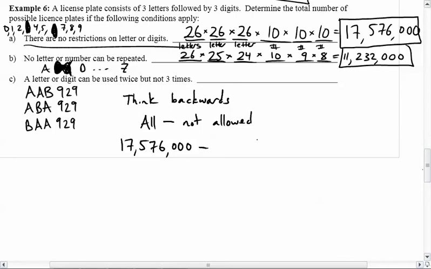So I'm not allowed to have 3 letters the same. I'm not allowed to have 3 numbers the same. So let me figure that out with the fundamental counting principle.